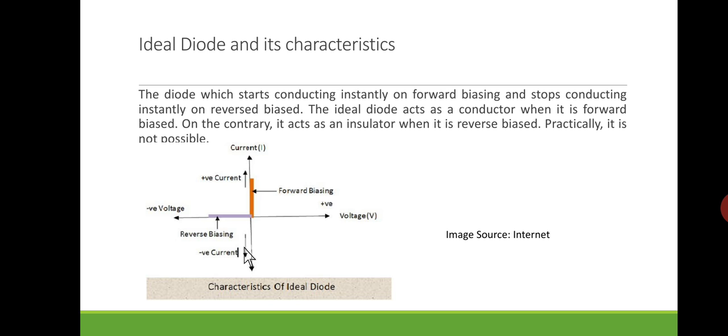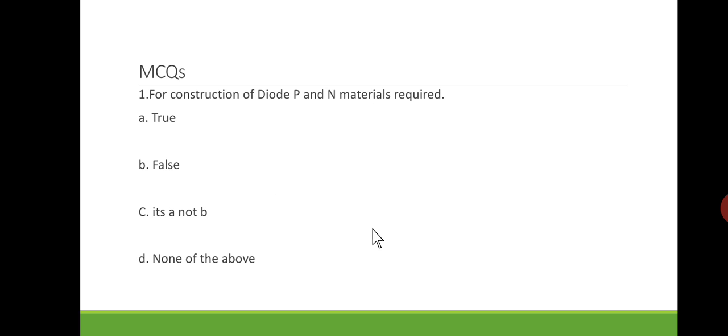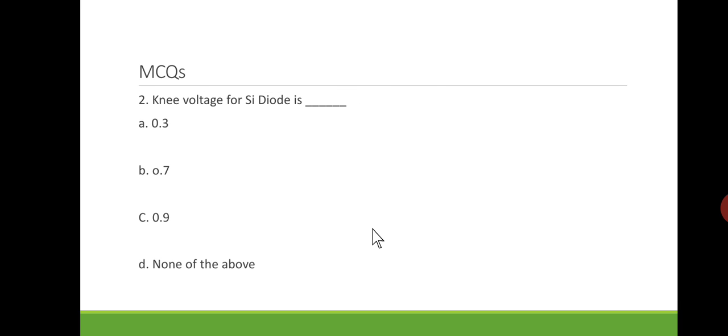There is no flow of current. In the practical PN junction diode you get some current, whereas in the ideal diode we are not able to get any current. But practically that is not possible.